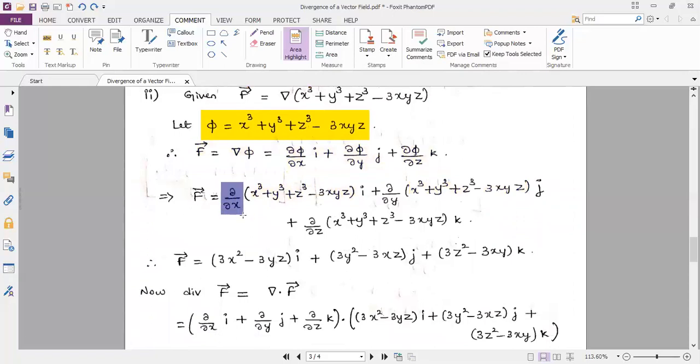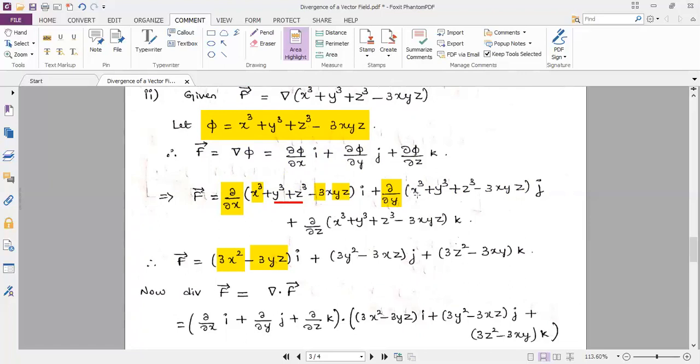With respect to x, differentiation of x cube is 3x square. Y cube plus z cube is a constant when we differentiate partially with respect to x. So differentiation goes to 0, minus differentiation with respect to x. 3yz are constants. So differentiation of x is 1. So we remain with minus 3yz as it is, into i cap, plus with respect to y we are differentiating.